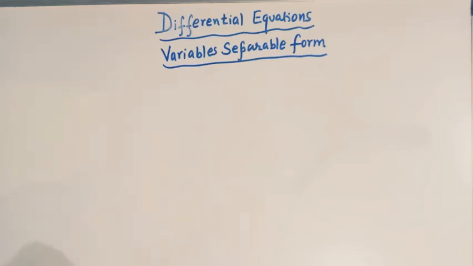Hello viewers, in today's lecture we are going to solve some important problems on differential equations, and here under differential equations we will solve problems related to variables separable form.